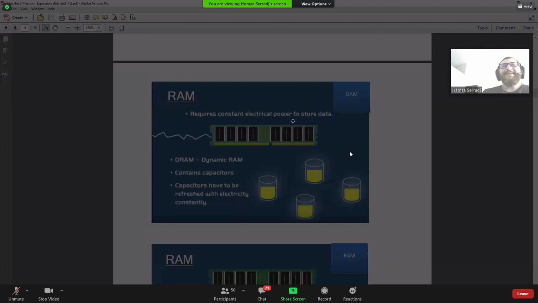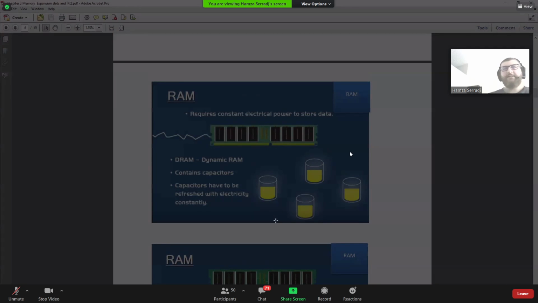RAM requires constant electrical power to store data. Well, we already know that. Continuous refresh, because it's capacitors. Capacitors are kind of like buckets that have tiny holes, and if you fill them with water, the hole will always drop this water, right?